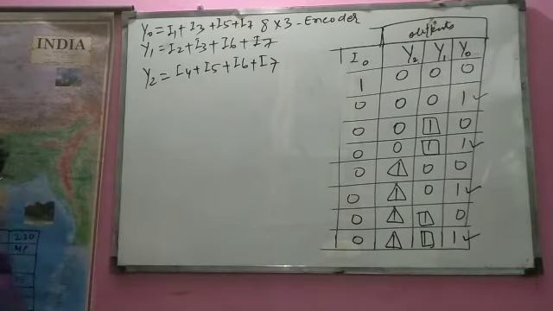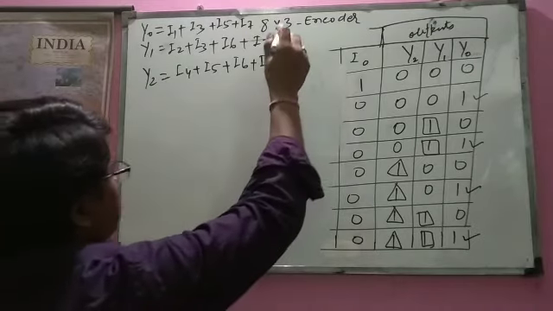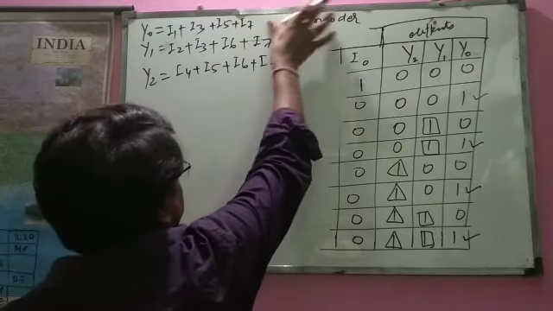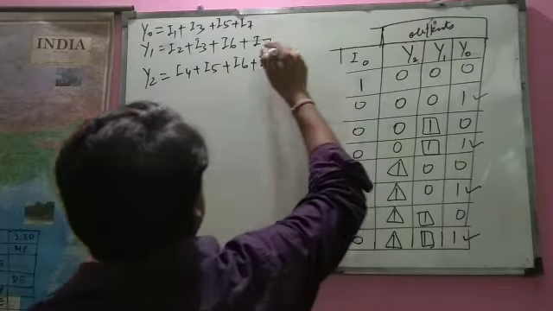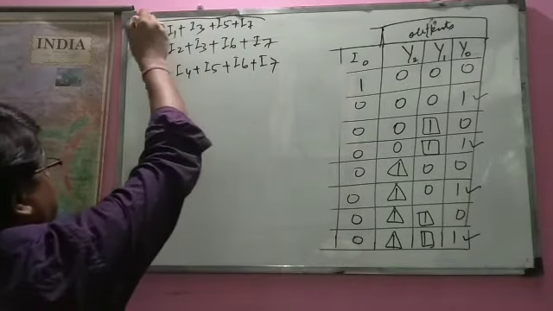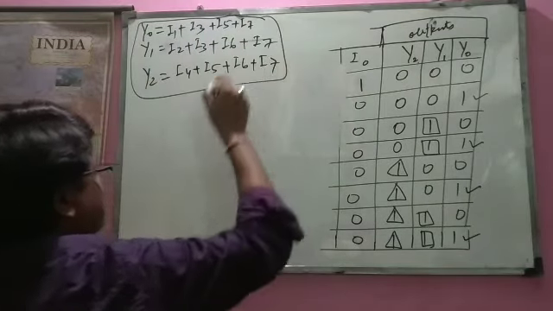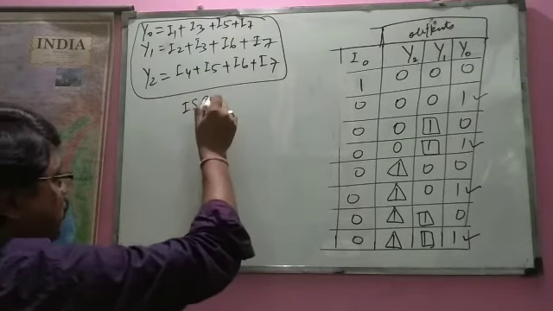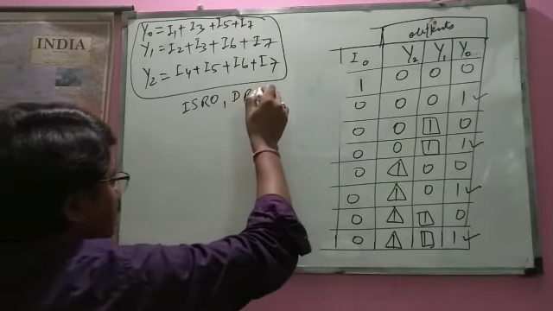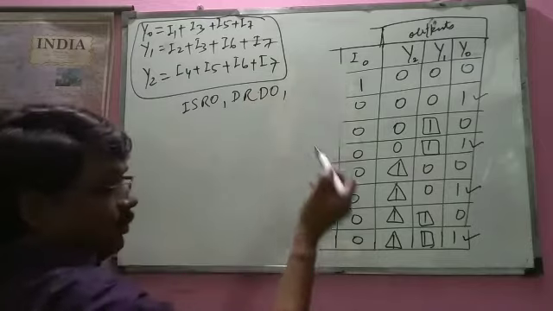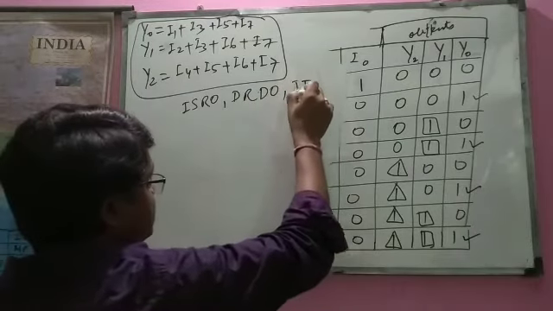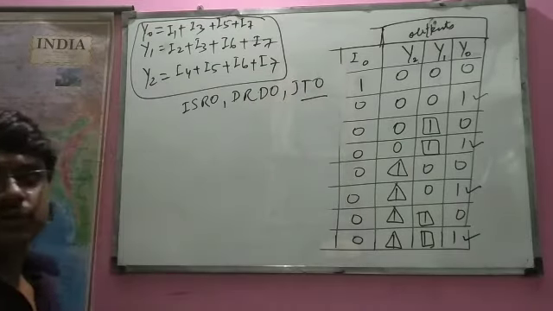So these types of questions, my dear friends, have been asked in different types of examinations, in ISRO, DRDO, JTO. Now JTO is not happening. This is junior telecom officer.